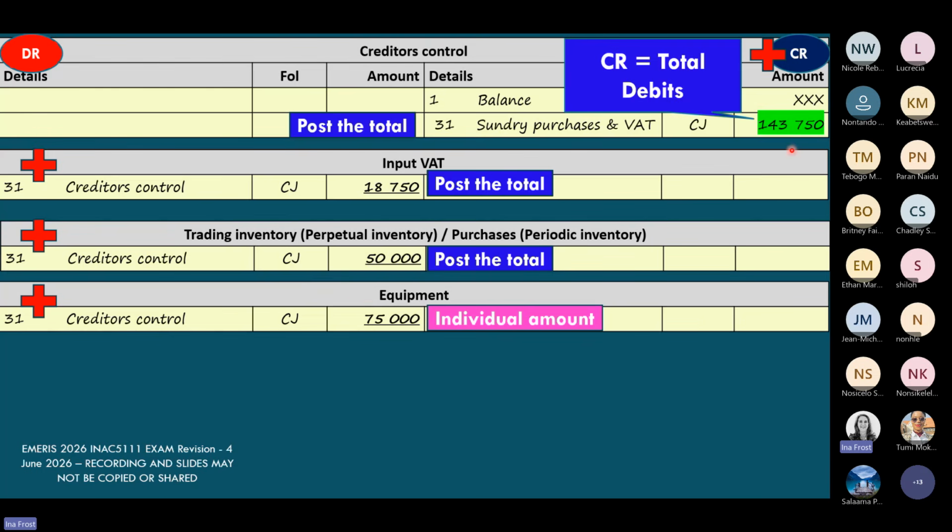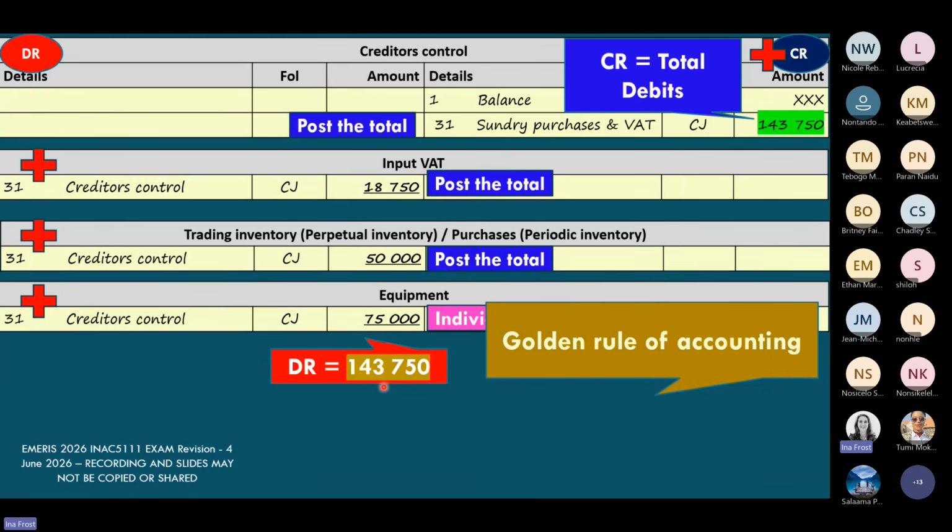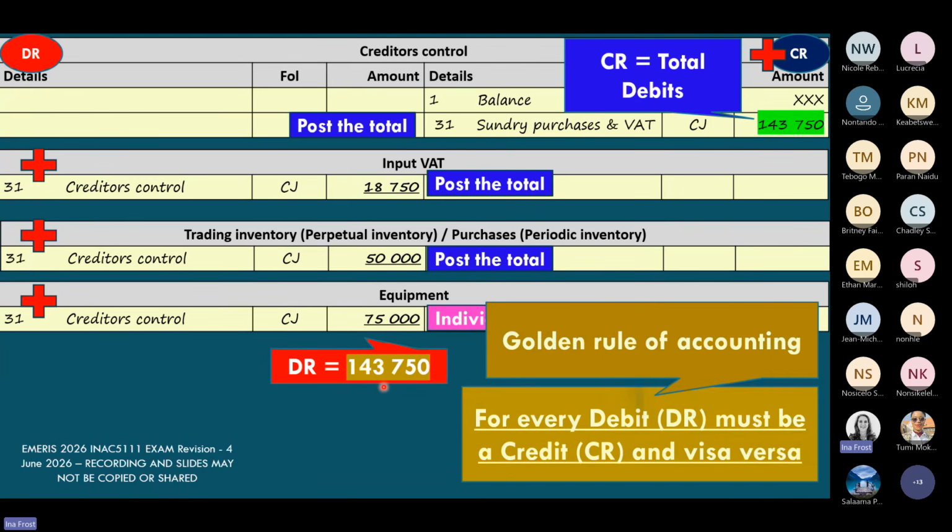And you'll see that my total credits is 143,750. And if I add up my debits, it also gives me 143,750. Because this is a double entry, meaning that my total debits must equal my total credits. Because remember, in terms of our golden rule of accounting, we must have a debit for every credit.